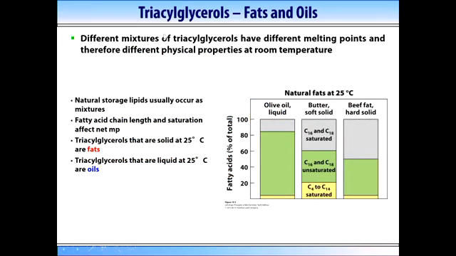Different mixtures of triacylglycerols have different melting points, and therefore different physical properties at room temperature. For example, here is just the figure from the textbook, which shows you the composition of different common types of oils and fats that we can find.